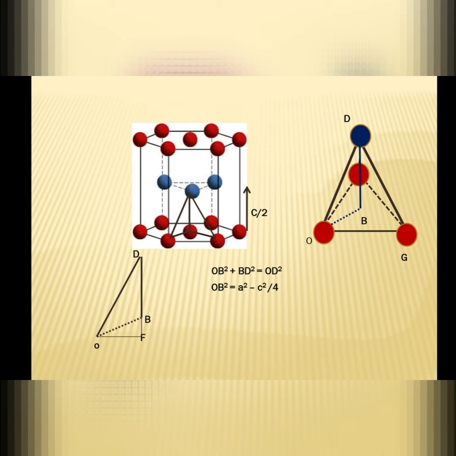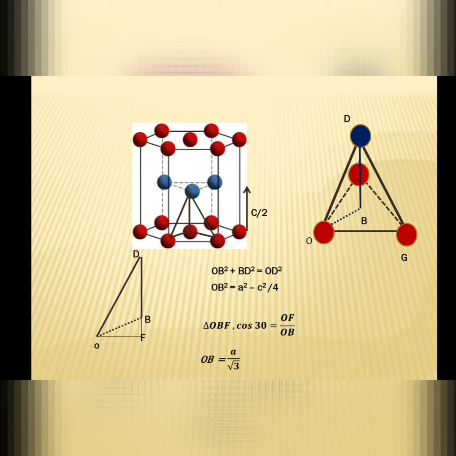To calculate the value of OB, again consider a right angle triangle OBF, and in case of OBF, the right angle is BFO, and as the angle BOF is the bisecting angle of DOG, hence the angle DOF is equal to 30 degrees, as DOG is equal to 60 degrees.